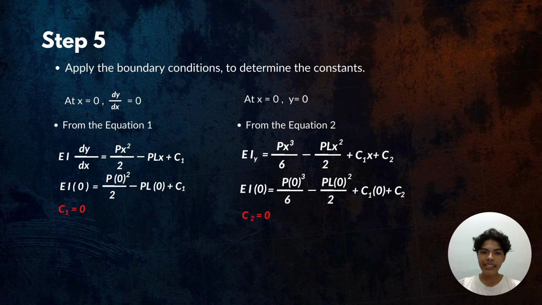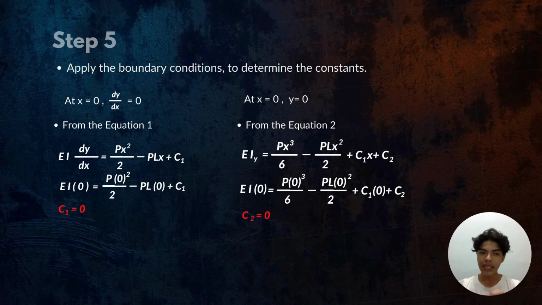So when x is equal to 0 and the first derivative of y with respect to x is equal to 0, with respect to equation 1, C1, or constant 1, is equal to 0. On the other hand, when x is 0 and y is equal to 0, and from equation 2, C2, or constant 2, will also become 0.